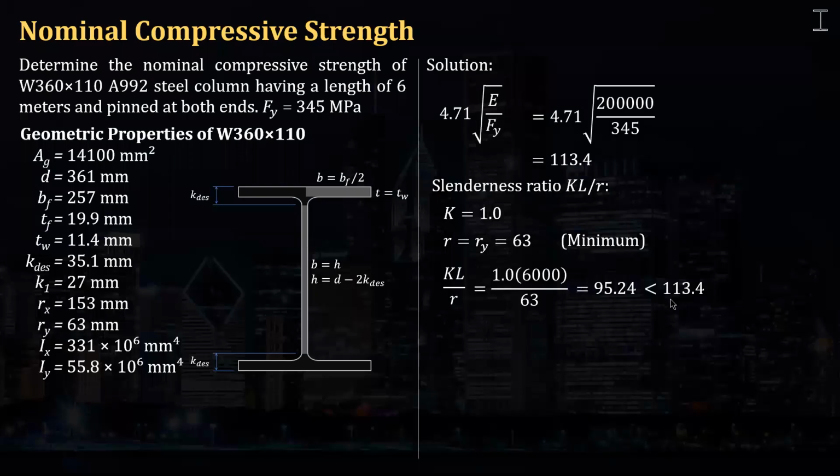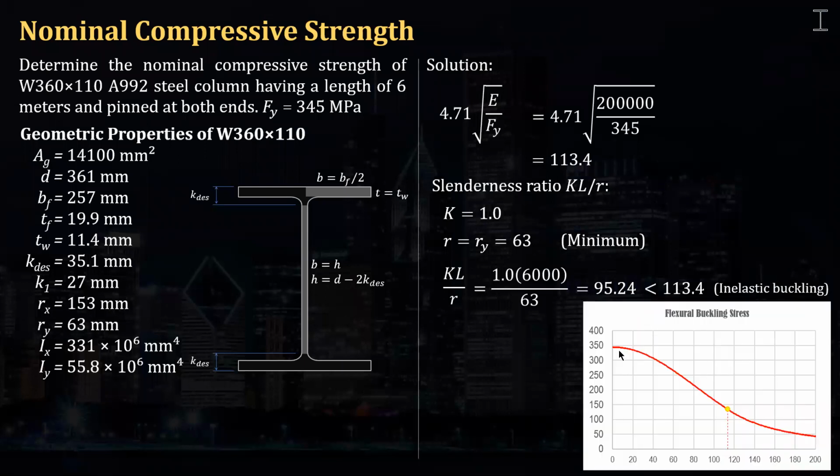Okay, now this is less than 113.4. That means its kind of failure must be the inelastic buckling. If we are to graph this, this is the buckling stress that we're going to use, the Fcr. The 4.71 square root of E over Fy is here, 113.4.